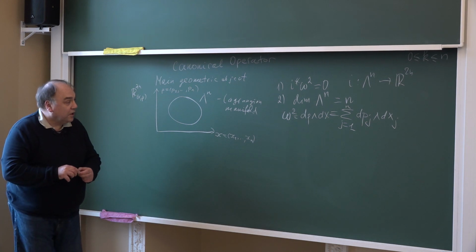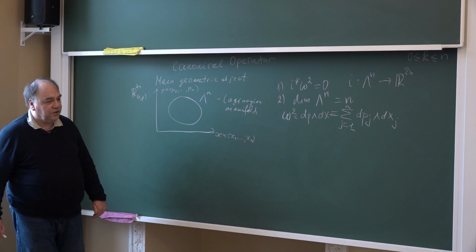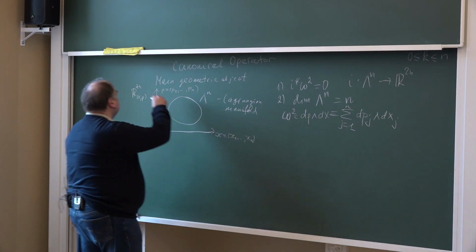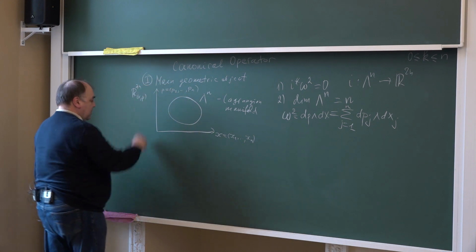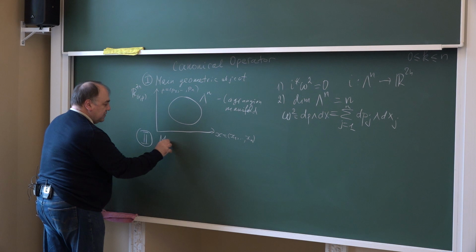Well, okay, this is the first geometric object, and the second is what is called a measure.